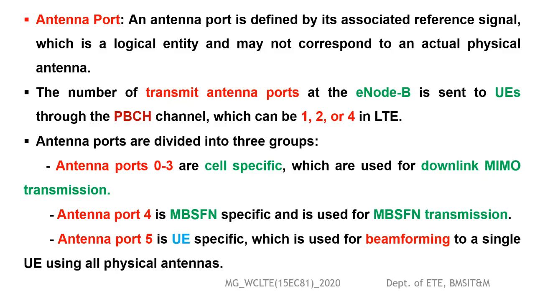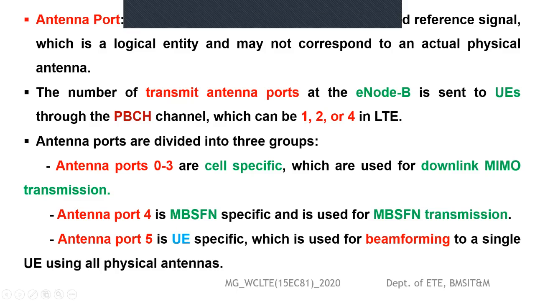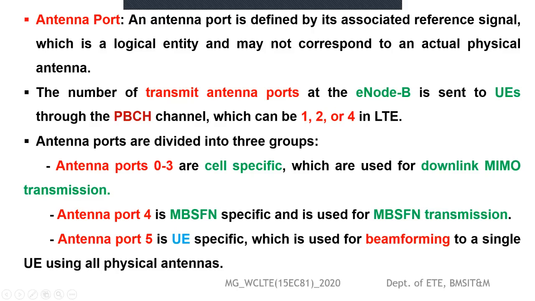The number of transmit antenna ports at the eNB is sent to the user equipment through the PBCH, the physical broadcast channel. These antenna ports may be 1, 2, or 4 in LTE. The antenna ports are divided into 3 groups. Antenna ports 0 to 3, that is ports 0, 1, 2, and 3, are cell specific, used for downlink MIMO transmissions.